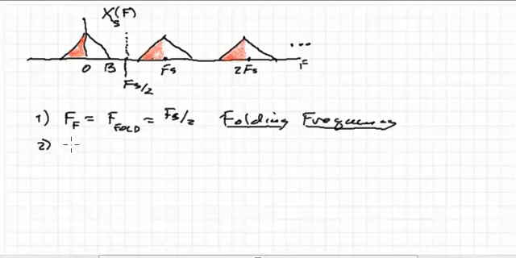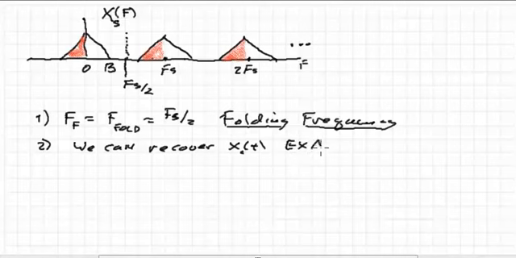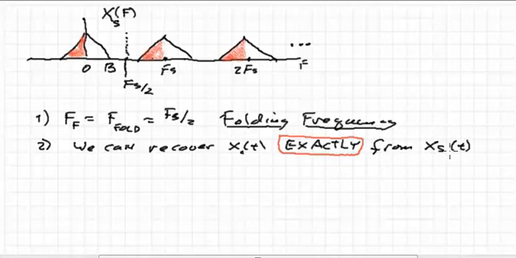Secondly, I'll just write this down. We can, this is very important, recover x of t exactly, maybe I better outline that in red because it's very important that you know that, from the sampled signal as follows.